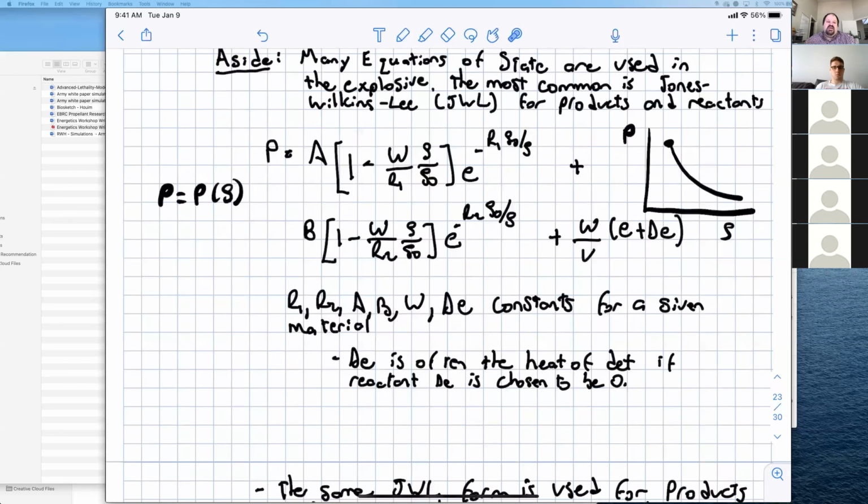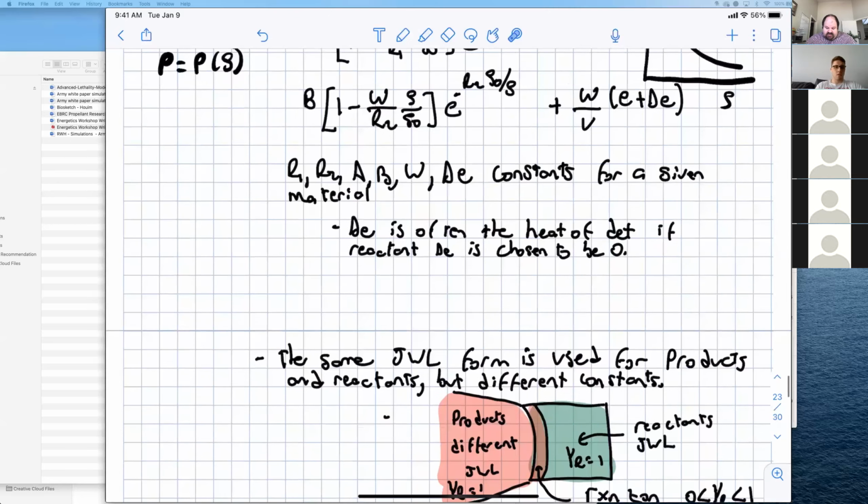It does not satisfy all of Maxwell's relations, and so that is a big gotcha with these things. So they are intended for their one application. They are calibrated for their one application. And so use them only for that one application. You can't use JWL willy-nilly. It is meant for basically one purpose, and so use it for that one purpose.